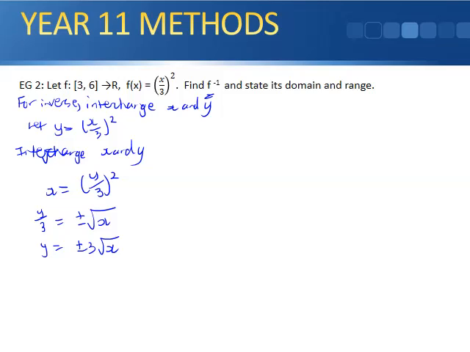Now you can sketch it. So if you want a quick sketch, that might help you do the domain and range. Remember that the domain of the first one is 3 to 6, so that is already our range. So when x is 3, we get y equals 1. When x is 6, we get y equal to 4.